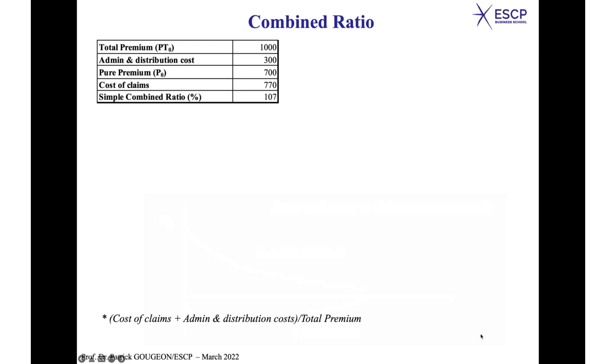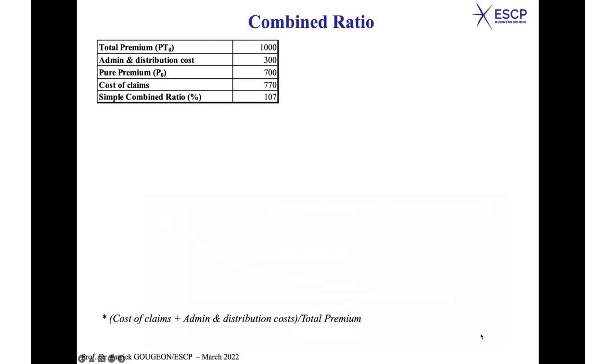107. Why? If you look at it, you collect a total premium of 1,000. The cost of claim is 770 plus 300, that is 1,070, which is more than the whole cost, all cost, excuse me, 1,070 is obviously higher than the total premium you have received to start with.